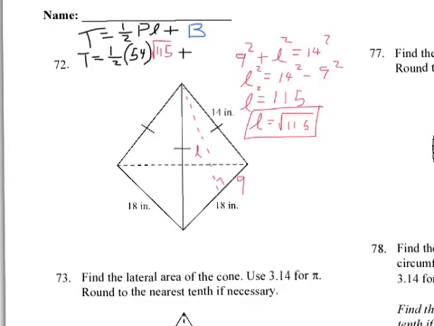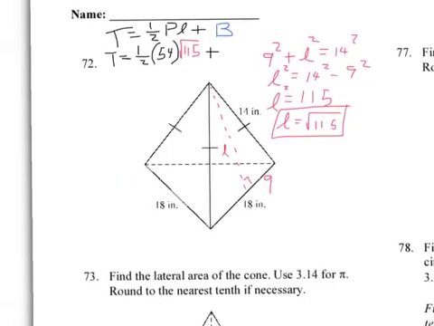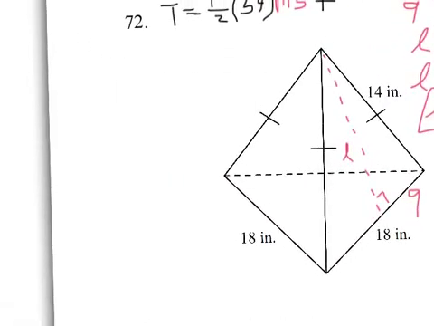Now this is going to be the trickiest part. The base area is an equilateral triangle. So what I'm going to do is draw a triangle over here on the side. And we know that it's all 18, 18, and 18. So if I draw in the height of the triangle, I'd cut it into a side of 9 and a side of 9.